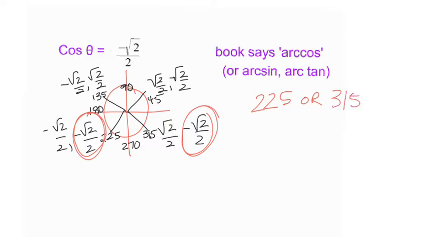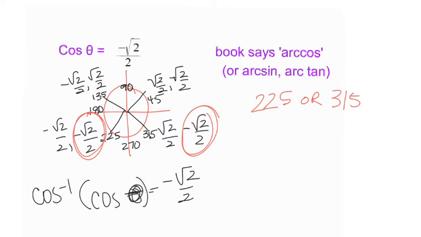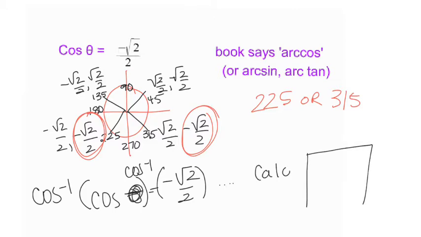When you do this in your calculator, you could find it. So here's how you do the algebra. To solve for theta, to undo cosine, if you will, we have to take the inverse cosine of both sides. So in your calculator, you would say cosine inverse of negative square root 2 over 2 and hit enter, and your calculator would give you one of these answers.